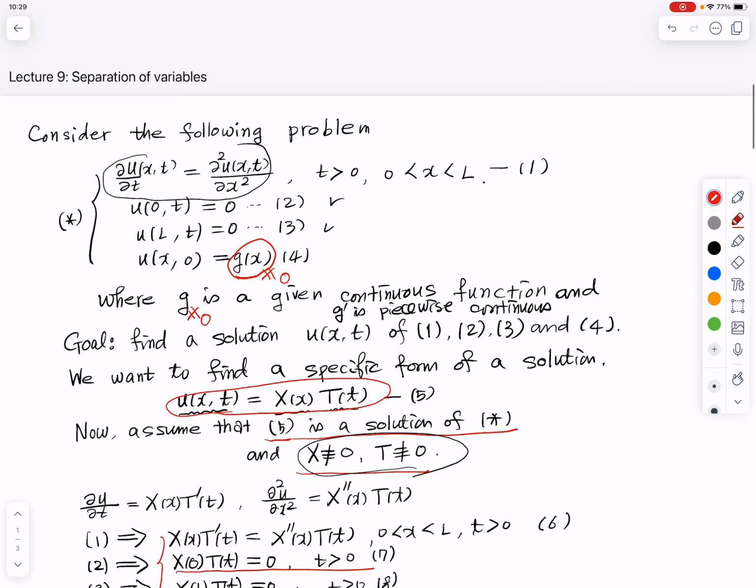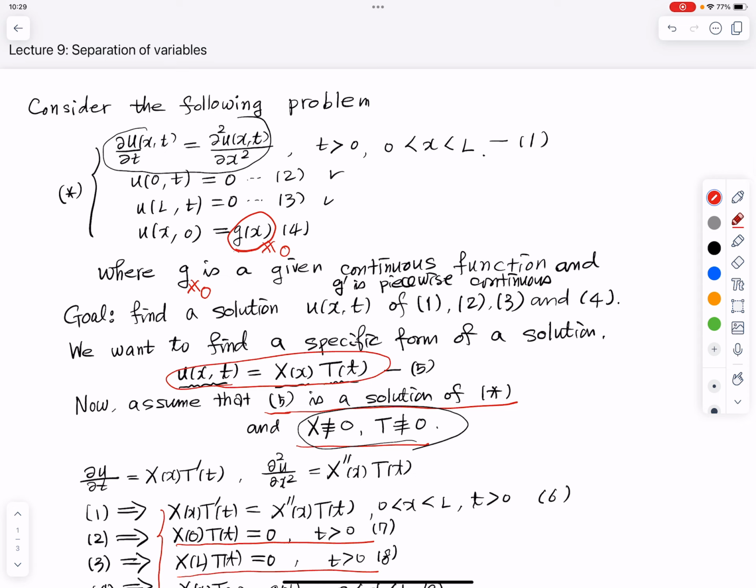And from this problem, there are many different kinds of problems, where you can switch condition 2 to, like, this one, u_x(0,t) equals 0. You can also use this one here, u_x(L,t) equals 0. So you can use either this boundary condition or this boundary condition. For equation 3, you can use this condition or this condition.